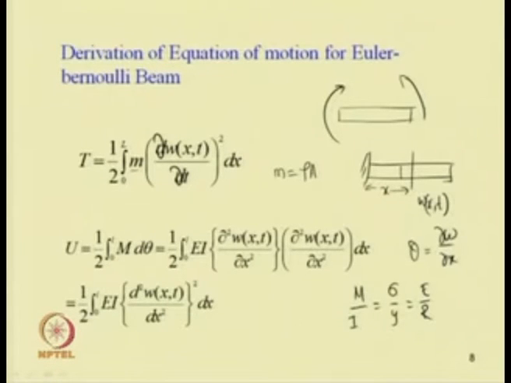So, one can write the potential energy, or the strain energy associated with the vibration in the transverse direction, equal to half integration 0 to L E I del square w by del x square whole square dx.